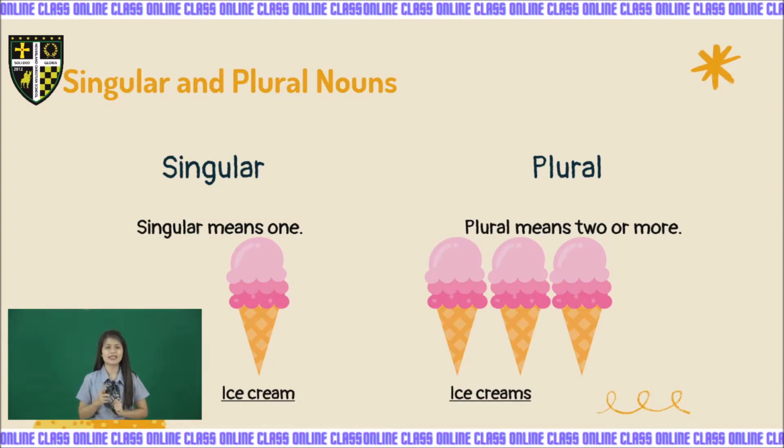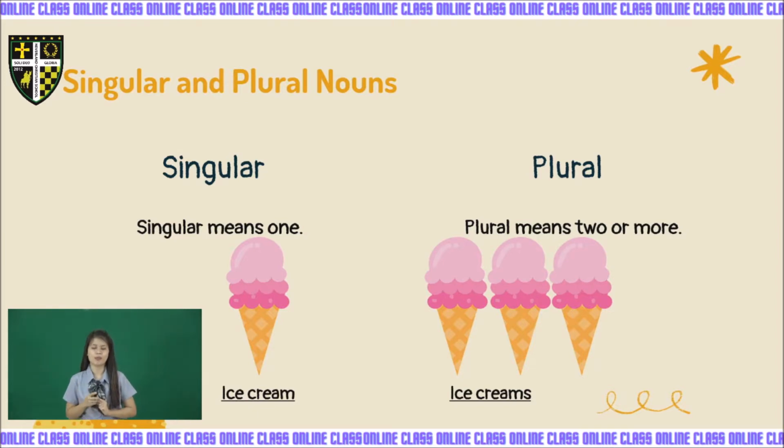When we say singular, it means only one. Remember, only one. Like for example, ice cream. Okay? Next, plural nouns mean two or more. As you can see on your screen, there are three ice creams. So therefore, the name will be added with S, ice creams.